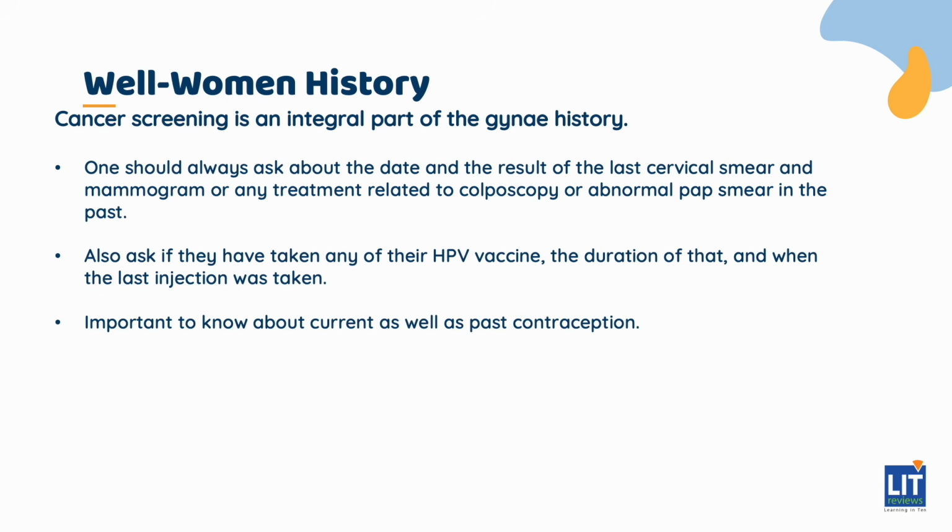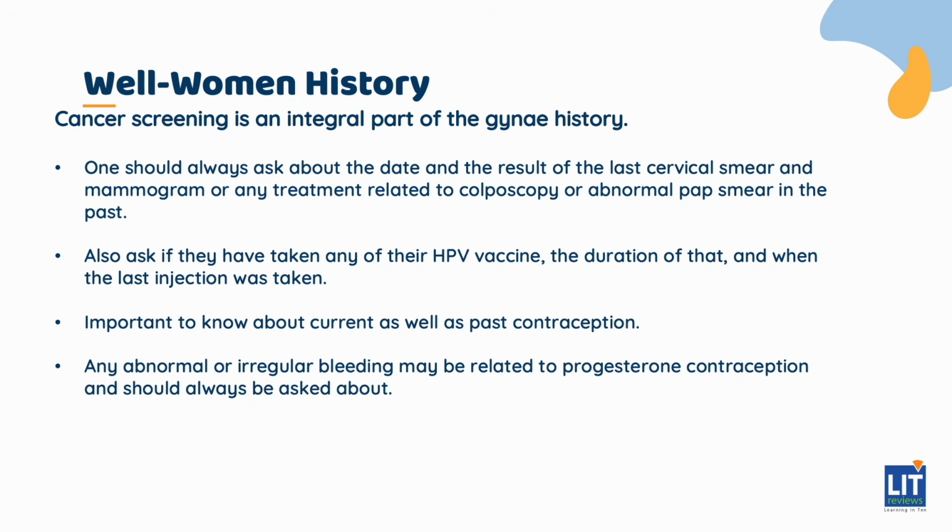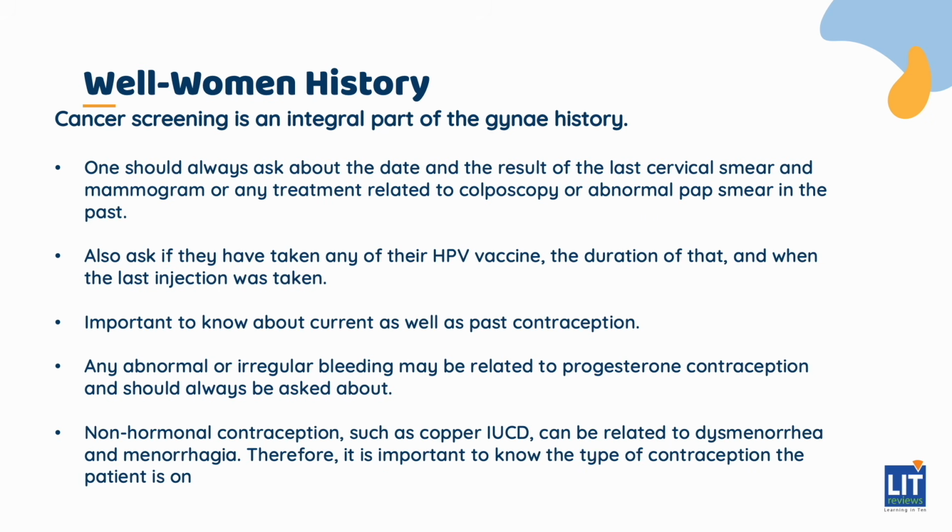Contraception is also very important. Therefore, it's important to know about current as well as past contraception. Any abnormal or irregular bleeding may be related to progesterone contraception and should always be asked about. Therefore, it's important to know whether the contraception is hormonal or non-hormonal.